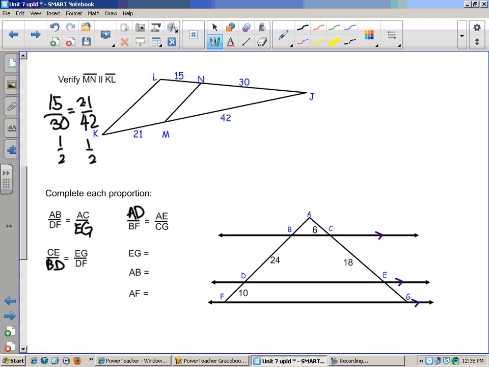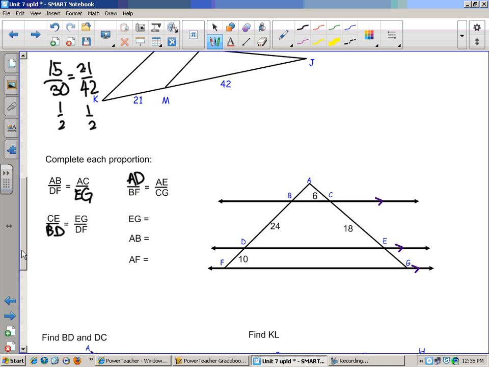So if we want EG, I want to set up a proportion. I have to know both pieces of one side of the proportion. Is there anything already set up that I know both pieces of? Yeah, 18 and 24, CE and BD, right? So 18 is to 24.